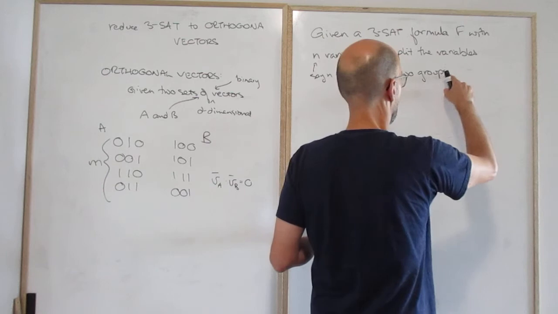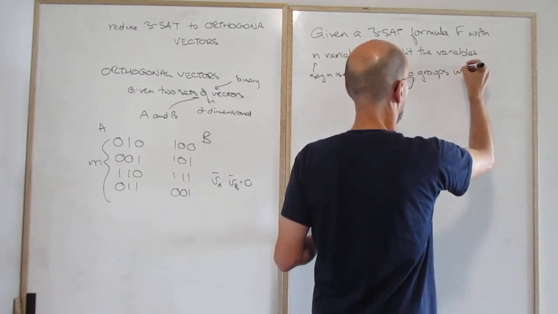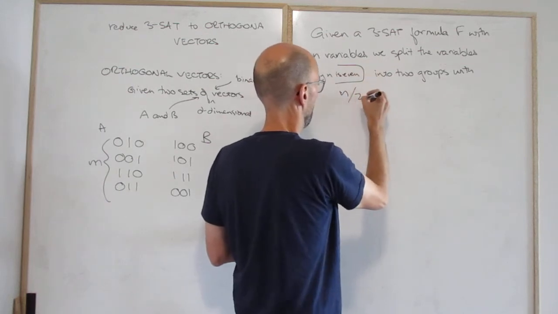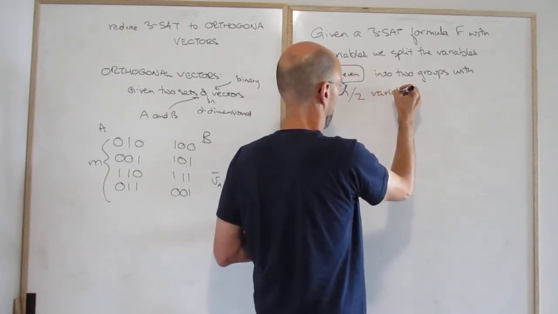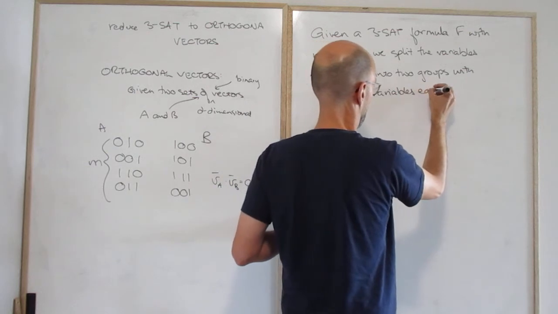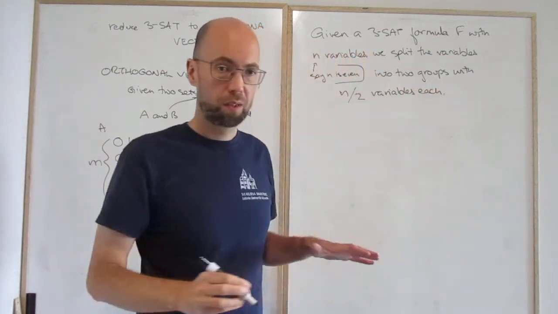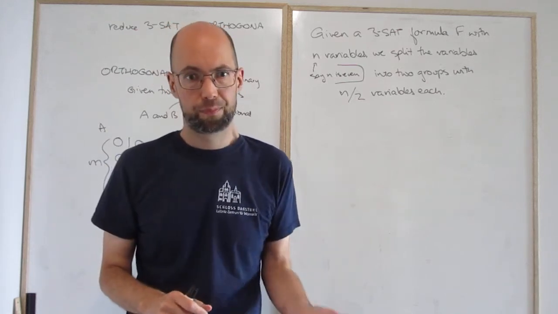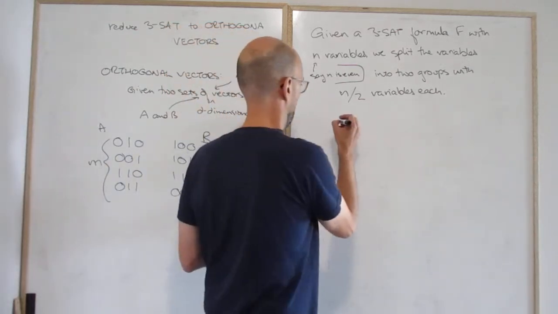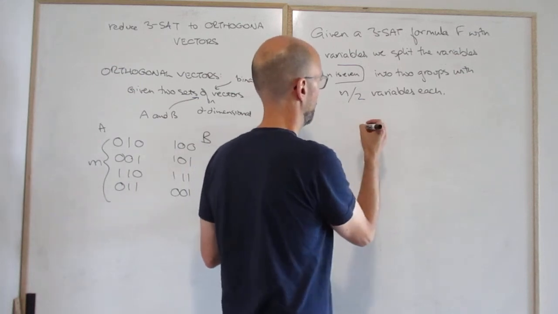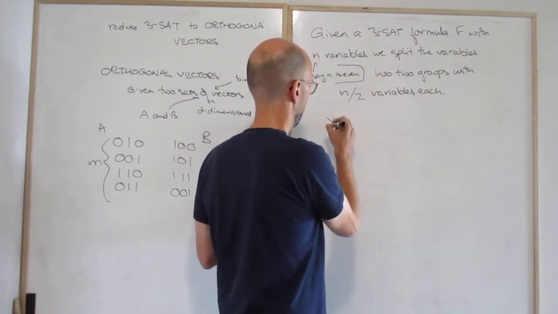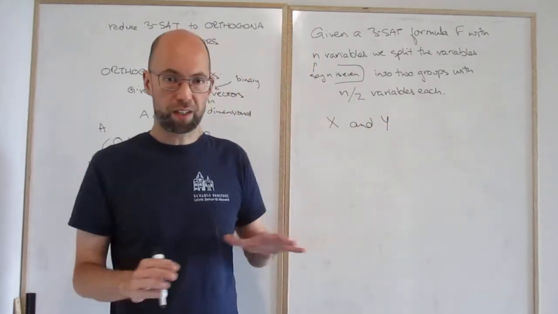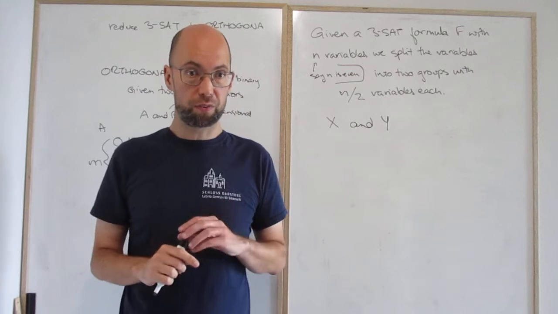With n over 2 variables each. We're going to call these groups X and Y. So they have n over 2 variables for each of them.